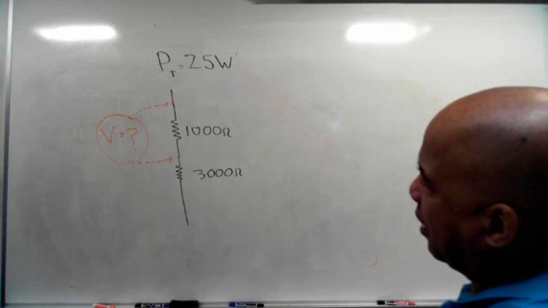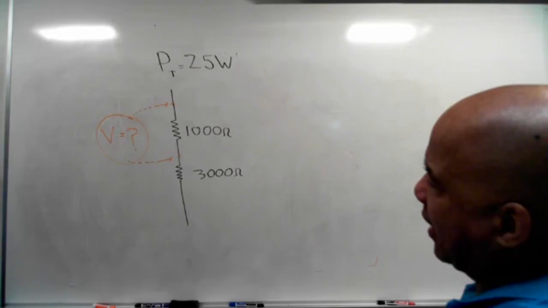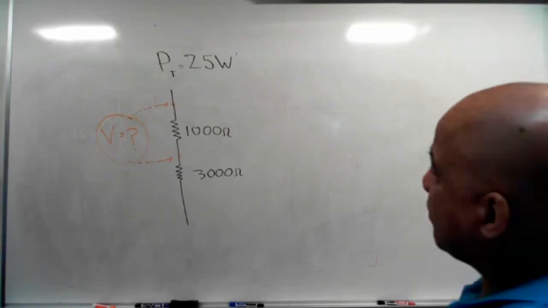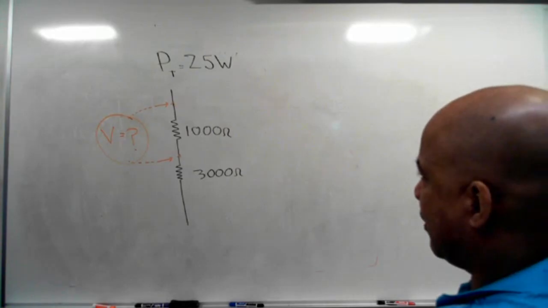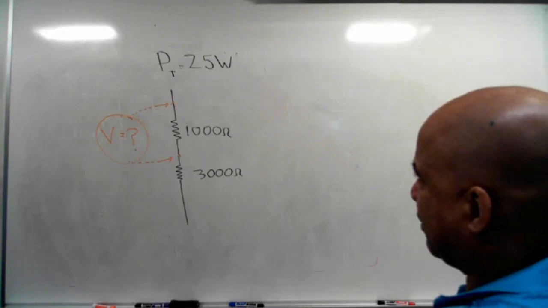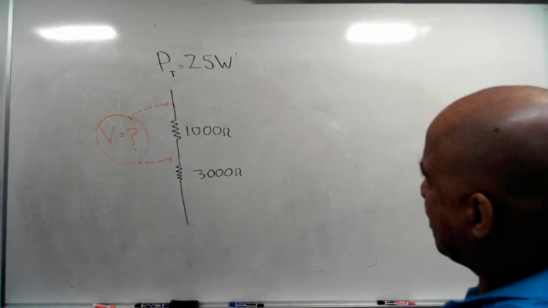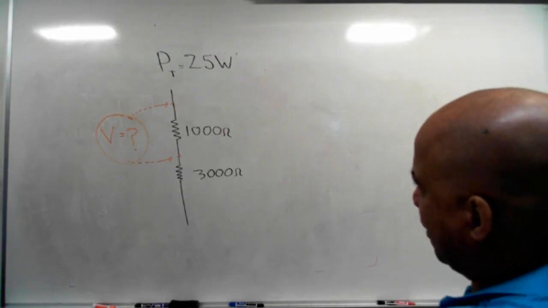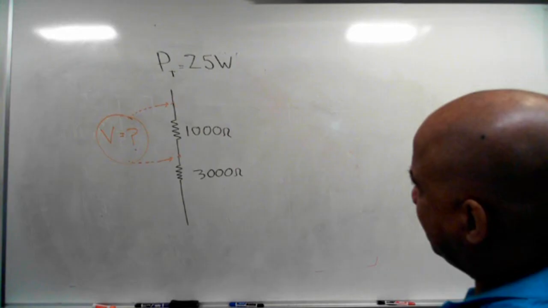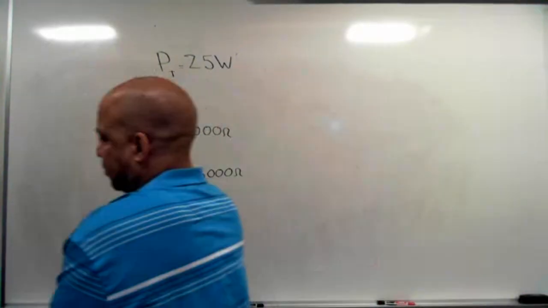So if I find the current, I know the current is both through the 1,000 and the 3,000. That may help you. It may not help you, but when I have a series circuit, I'm usually trying to find the current, and that tends to help me solve the whole circuit. But maybe you took a different approach. We'll see. Give you a couple more minutes.